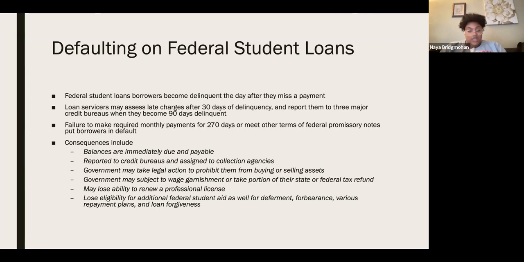So you have to pay off your loans and avoid defaulting on them. And the 2 last ones are you may lose the ability to renew a professional license and lose eligibility for additional federal student aid, as well as deferment, forbearance, various repayment plans, and loan forgiveness. As Raquel mentioned in the last slide, you won't be eligible for loan forgiveness if your loan is defaulted.